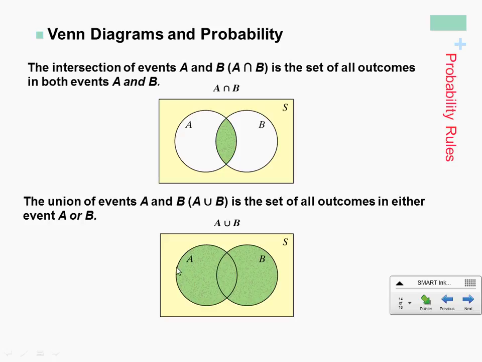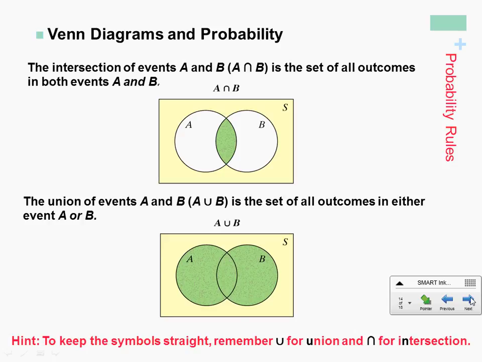Keep the symbols straight. They say U for union and this for intersection. I like to think of this as 'and'. And if you want to think of U as union, that's fine with me. There you go.